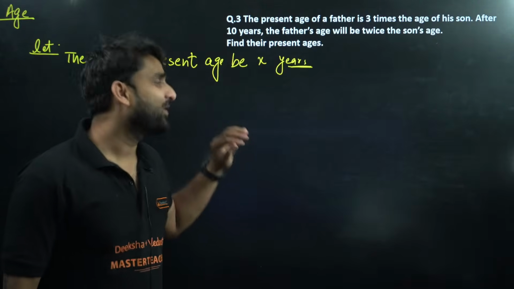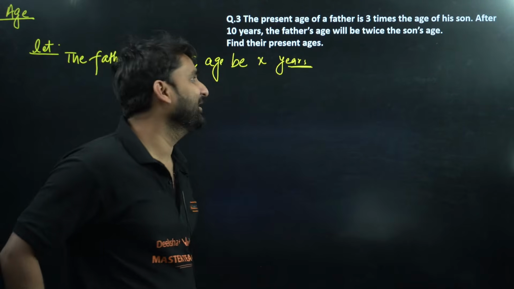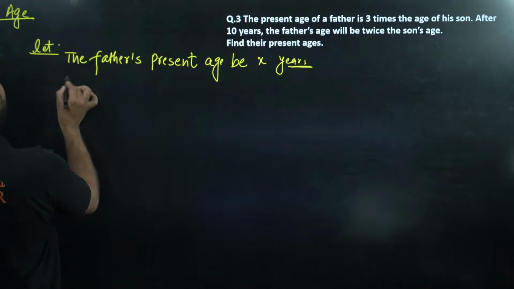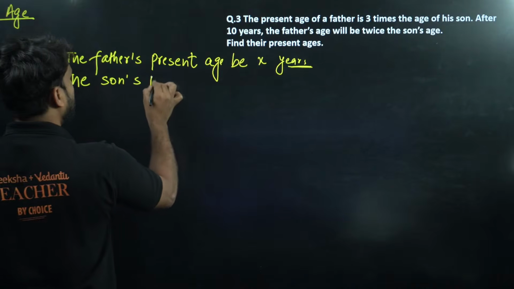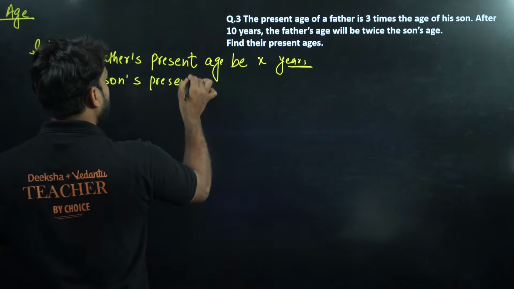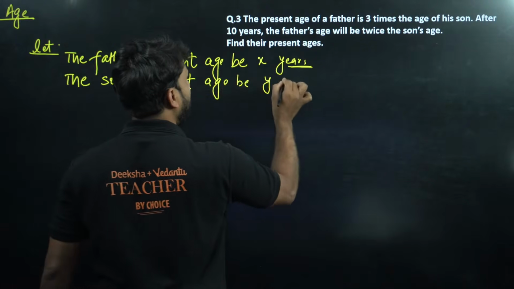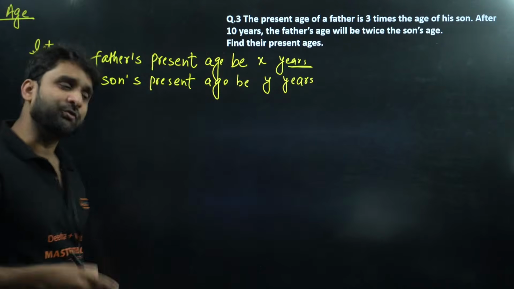Don't write rupees or kilometer per hour. Age cannot be in rupees or kilometer per hour. So this is age, so X years. And let the son's present age be, we are supposing both, Y years.